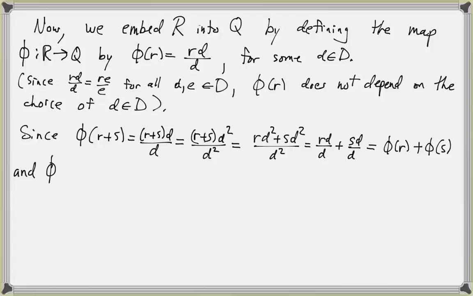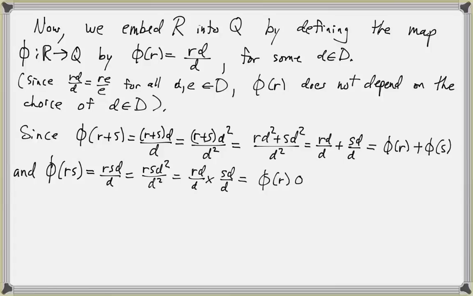phi of rs equals rs d times d, which again can be written as rs d squared over d squared, and this is rd over d times sd over d, which equals phi of r times phi of s.